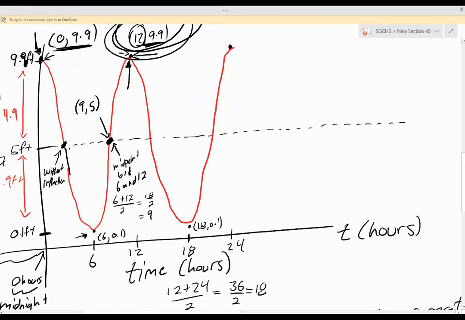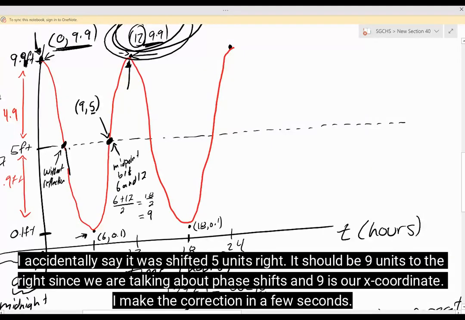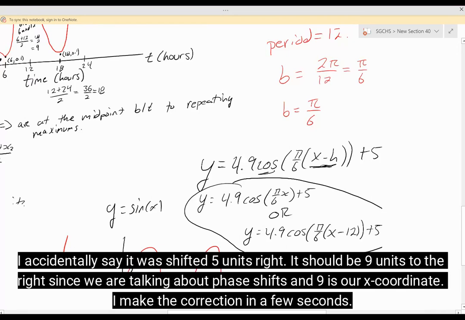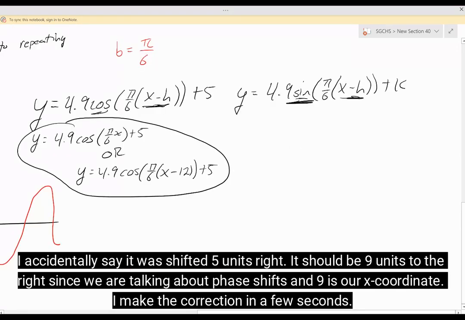Since it's on the midline, you know the y-value is 5. So that means we could have seen our sine function shift over 5 units to the right. So now we can write that in our equation. If we shift 5 units to the right, then we'll have x minus 5.